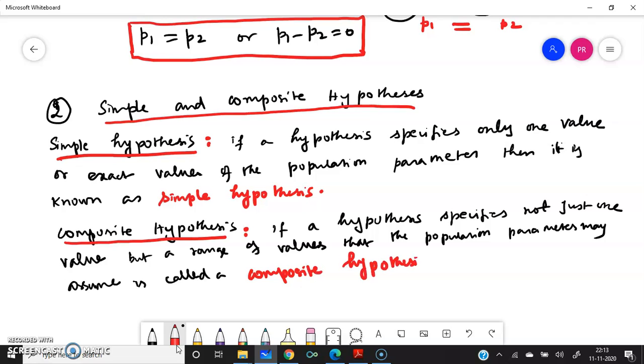We'll see from the example which are composite hypotheses. So what this says is that if it is not a single value, it is more than one value, a range of values.